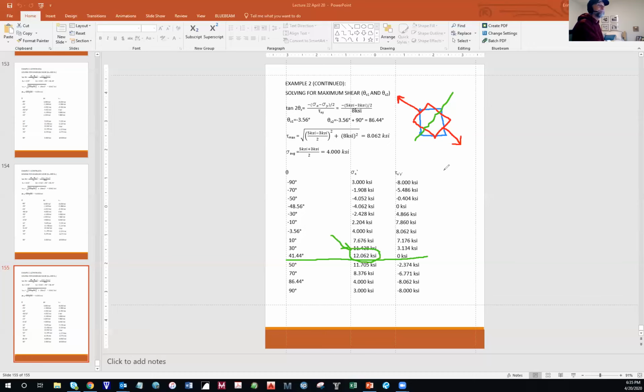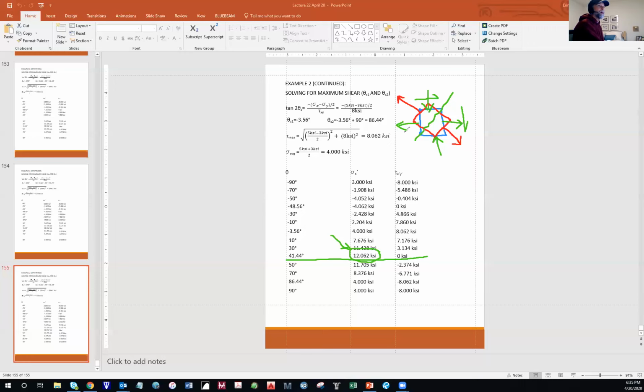Another example, I could have a material with tensile stress, compression stress, tensile stress, and no shear. And if I'm talking about wood, wood is very, very weak in horizontal shear. Shear in the vertical direction is no problem, but in the horizontal direction it's very weak.